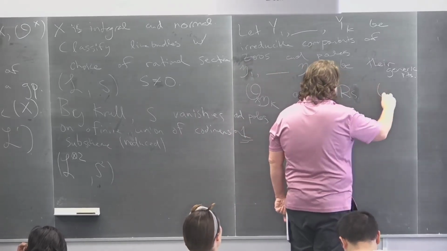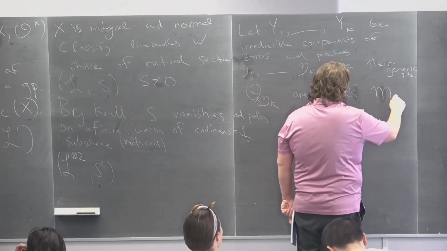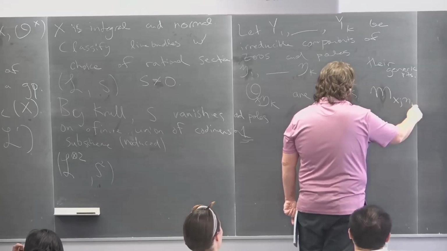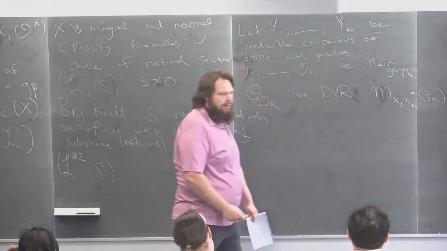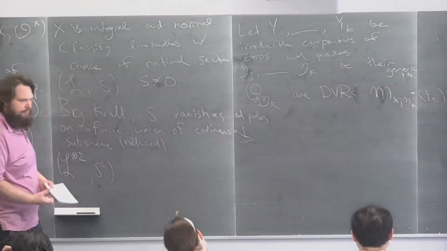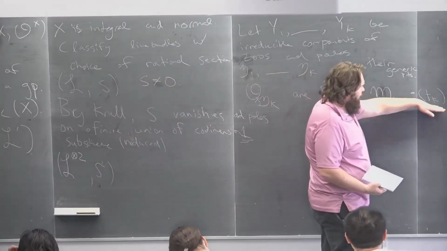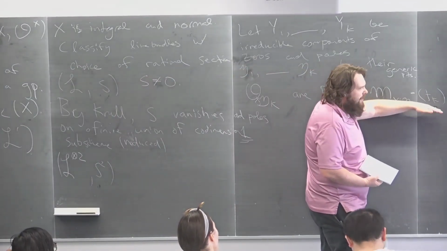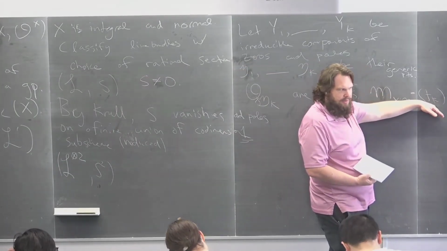So for each of these, I have my maximal ideal, and that's generated by a single element t_k. I'll remind you this is called a uniformizer. And what it does is define what it means to vanish to order 1 on this subscheme.